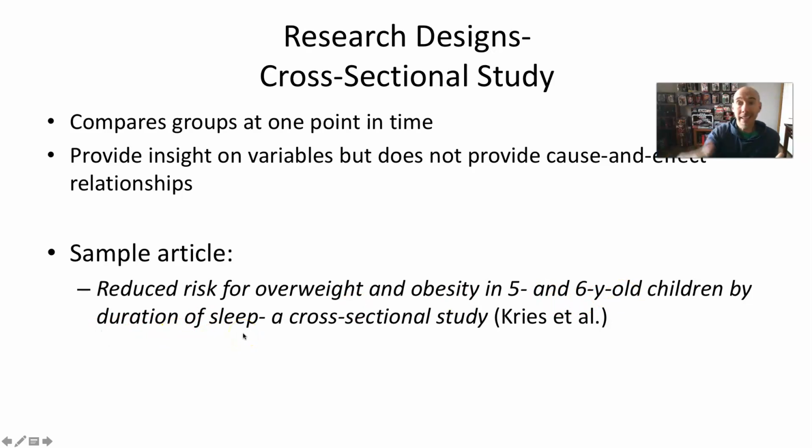So what this study did is they took this population of children at a specific time and they had them fill out a survey about their sleep quality: how long, how many times do they wake up, what time they go to bed, what time they get up, etc. And were they overweight or obese? The correlation they were probably looking to find was that the ones who had poor sleep quality had a greater risk of being obese or overweight.